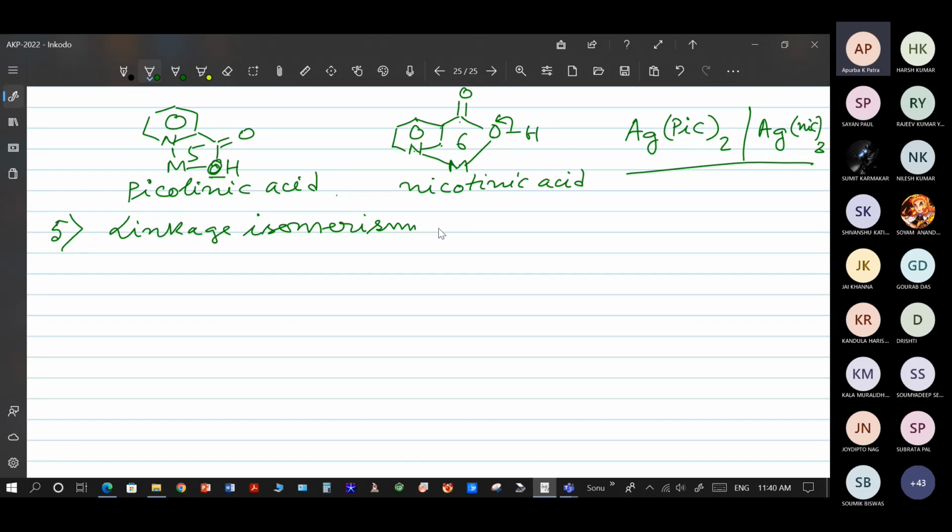Ambidentate ligand means one ligand which has more than one type of donor atom, and it may coordinate through either one of these two donor atoms to the metal center. Then it is just going to give you linkage isomerism. Suppose we know that NO2 minus can coordinate either via the N or via the O minus.